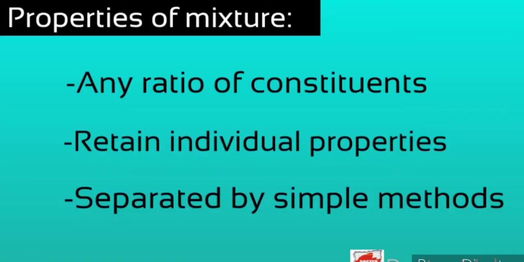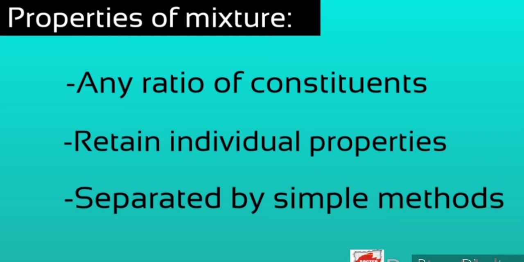Next we come to the properties of a mixture. First property is any ratio of the constituents. This means in a mixture, the constituents can be present in any ratio. There is no fixed amount of any constituent. Second, they retain individual properties.